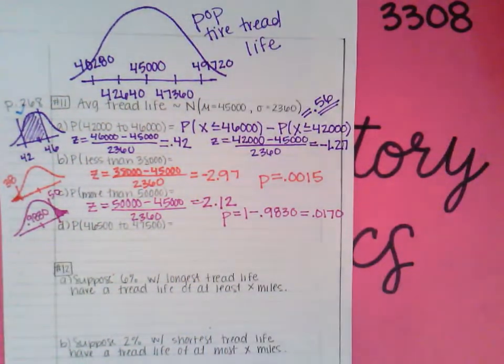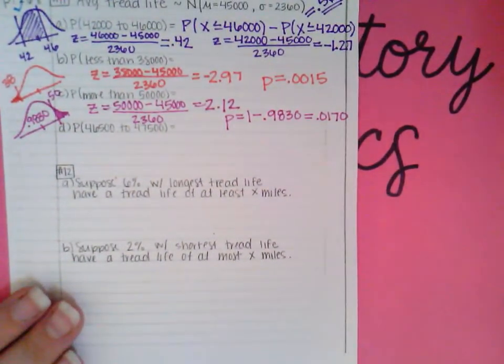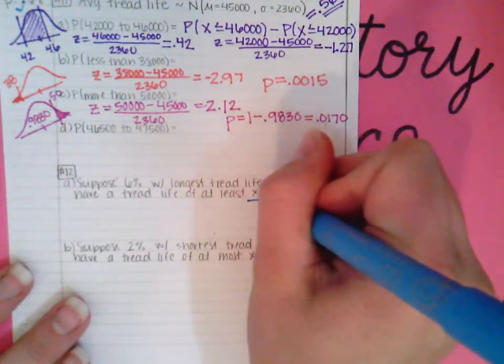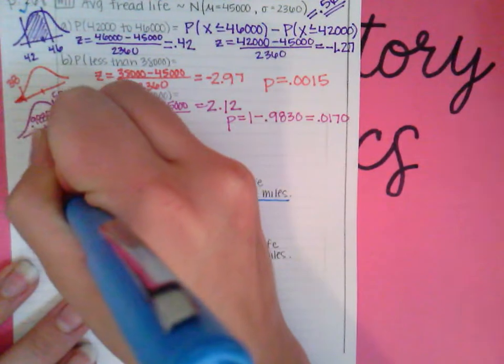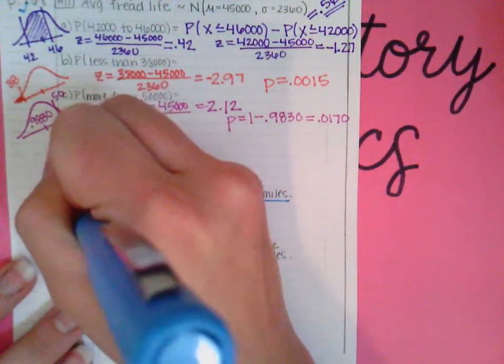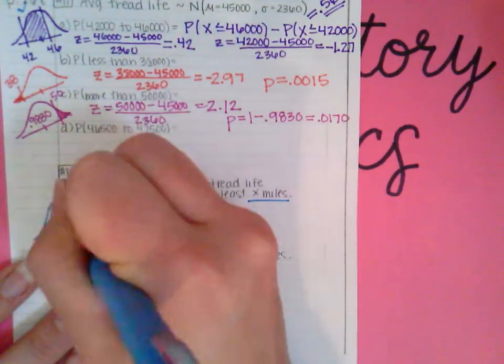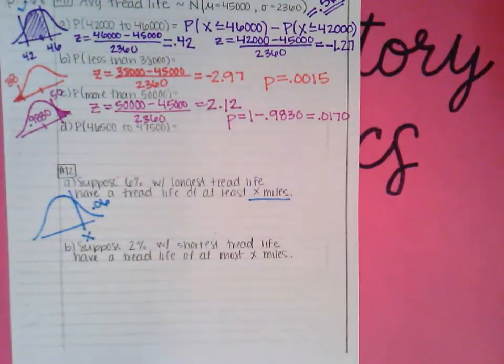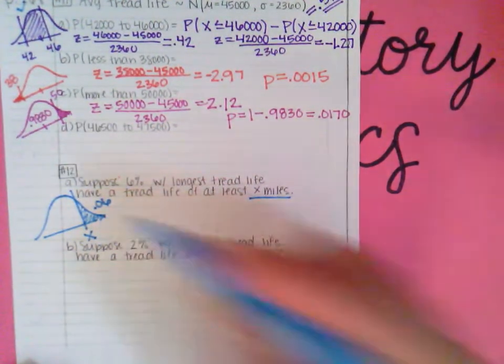Now, 12 follows from the same thing as part 11. It says, suppose that we have 6% of the cars with the longest tread life, and they have at least X miles. So what this question is actually asking is, if I know that this part right here, the longest tread life, is 0.06, what is that X value that gives me a probability of 0.06 when I shade right here?